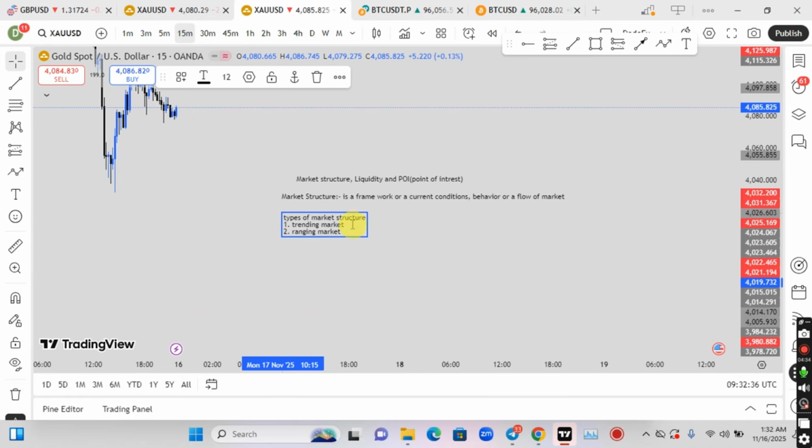The trending market can also be the uptrend and downtrend, while the ranging market is a consolidation market.